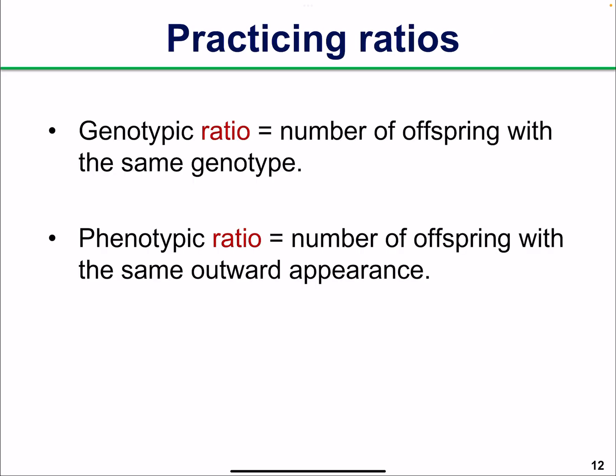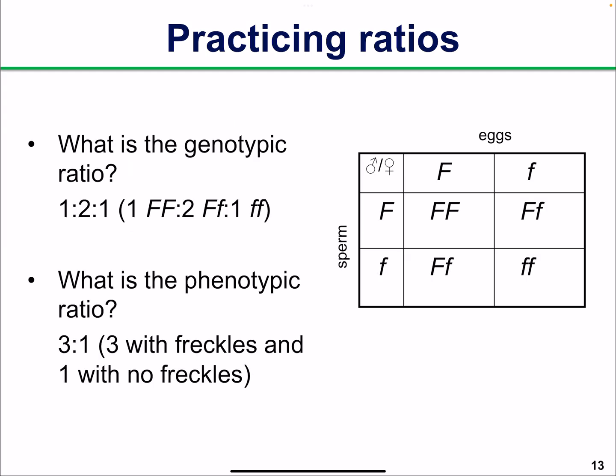So I mentioned the genotypic ratio. That's the number of offspring with the same genotype. A phenotypic ratio is the number of offspring with the same phenotype, right? Observable traits. Okay, so in terms of the ratio, I already told you this. In terms of genotype, we have 1, 2, 1.